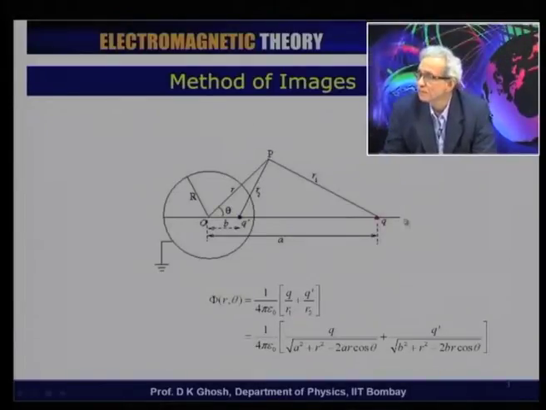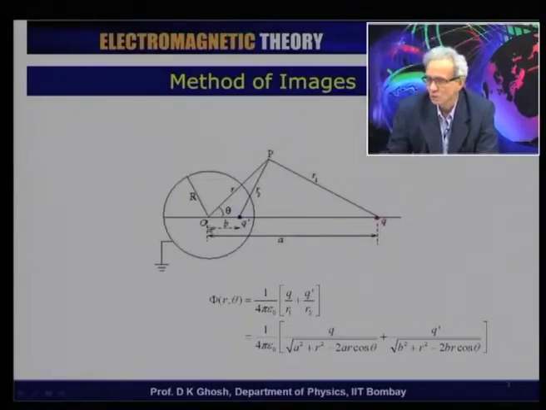So, I have this charge q here at a distance a from the center of the sphere, and we said let the image charge be at a distance b and let it be q prime. And so, we wrote down the potential at an arbitrary point r, theta.